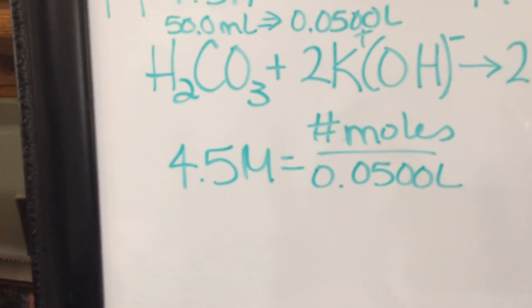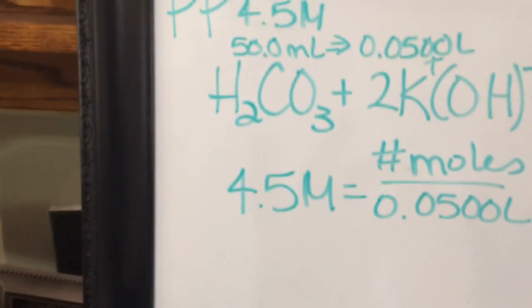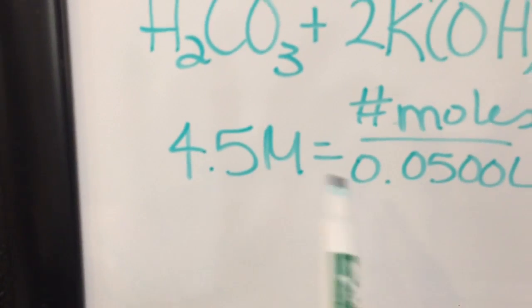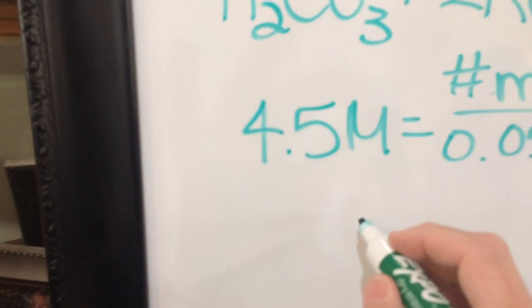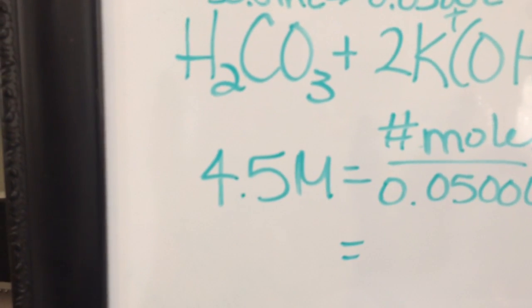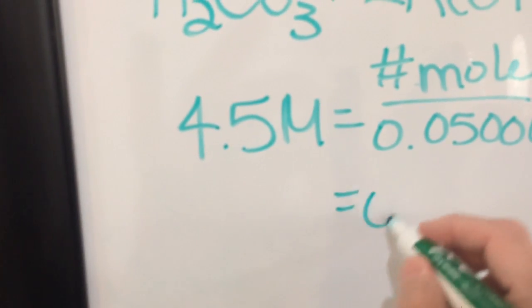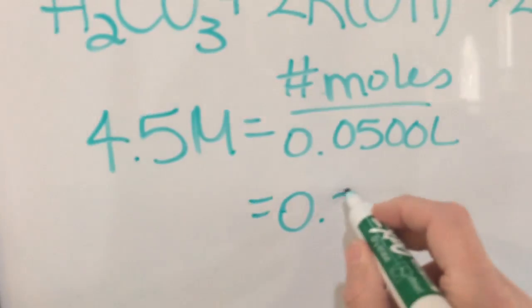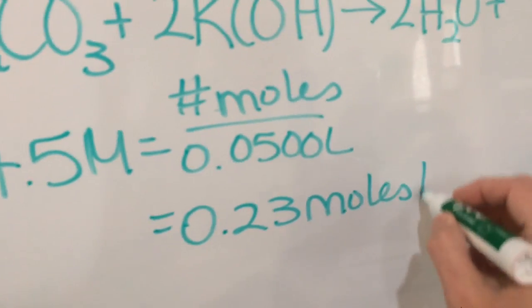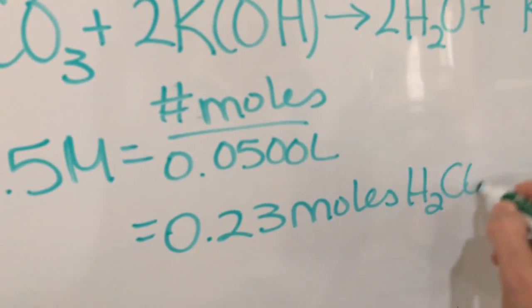If I change that around, again we're in the algebra. If I want to know the number of moles, I multiply these two together. My number of moles is, with two significant figures, 0.23 moles of H2CO3.